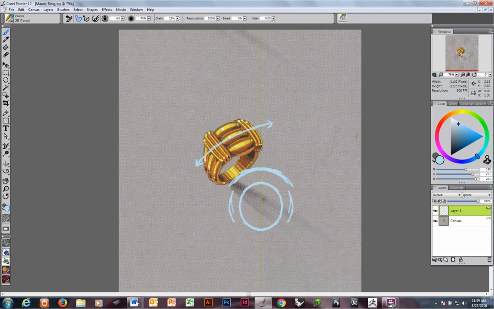But if it wrapped around the finger, then that arc would look much more like this. Okay? I think that he wants this soft arc. I don't have him to ask, unfortunately.